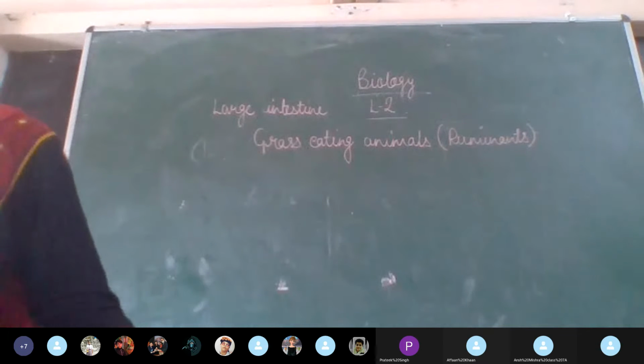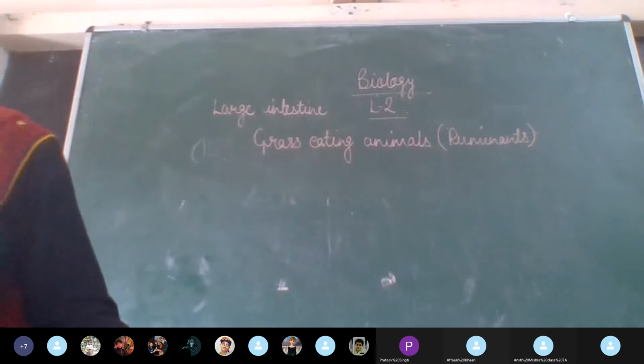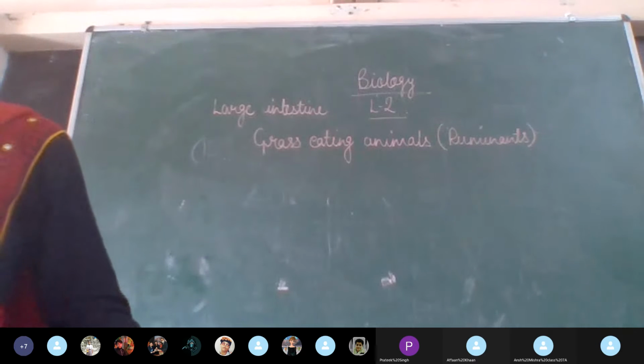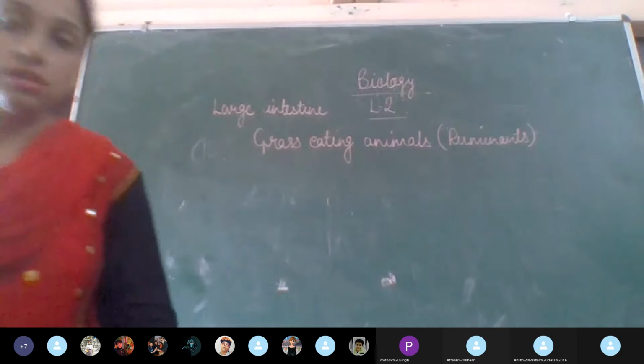Under the heading, children, digestion in grass-eating animals, the third line: they have special stomach called rumen. Please underline this. Also underline, they chew the cud.